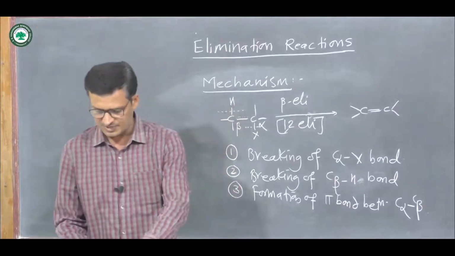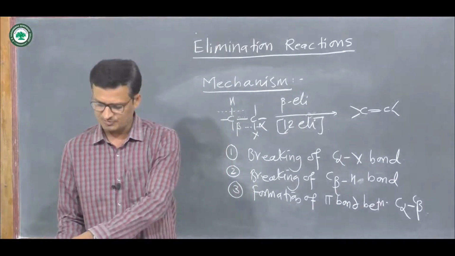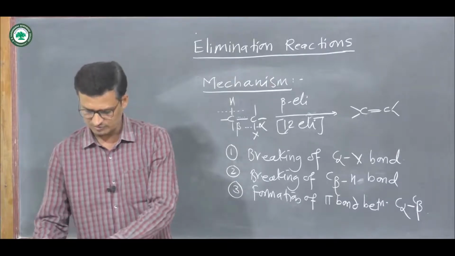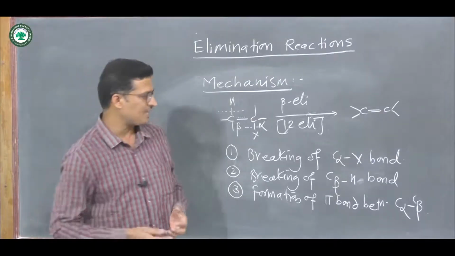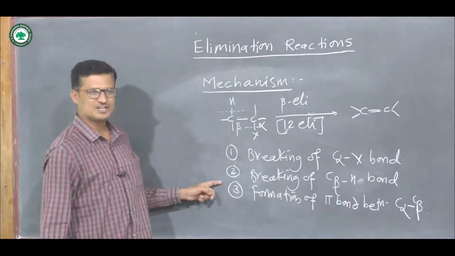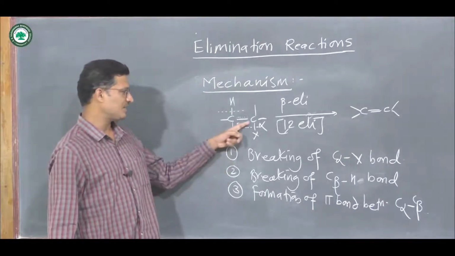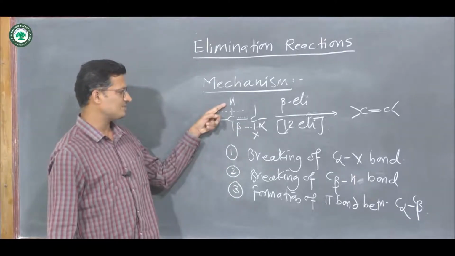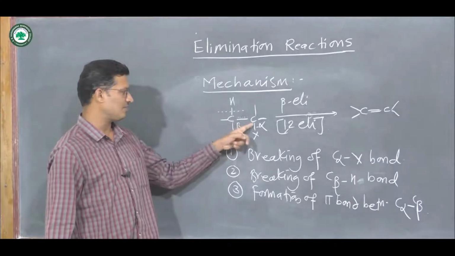When we think about this elimination reaction, we remember that it depends on the sequence of breaking and formation of bonds. In an elimination reaction, three things happen: the bond between the alpha carbon and leaving group is broken, the bond between the beta carbon and hydrogen is broken, and a pi bond forms between the alpha and beta carbon.